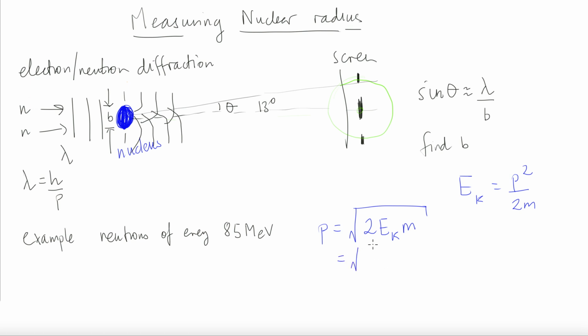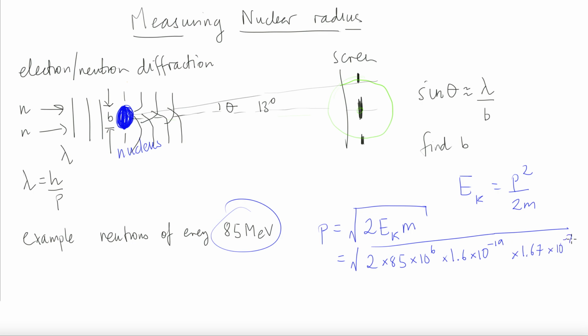Plugging in some values here, the square root of 2 times 85 mega, which is the energy with which we accelerate them, and then to get joules we multiply by 1.6 times 10 to the negative 19, times the mass of a neutron, 1.67 times 10 to the negative 27.